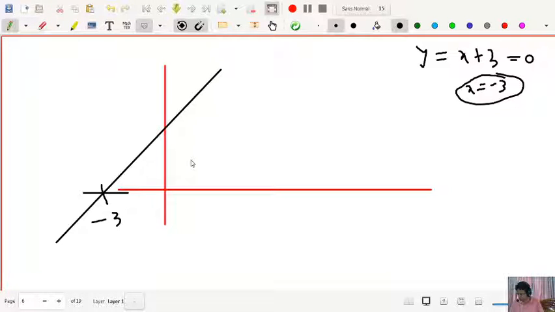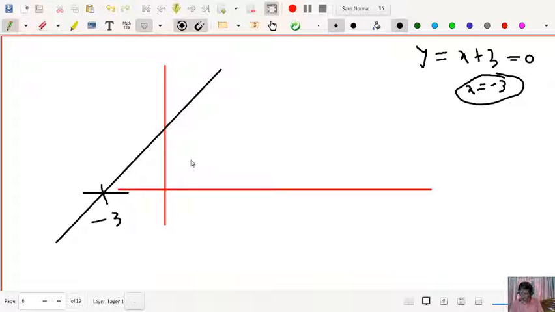So we can see that the line cuts the x-axis at x equal to minus 3, where the value of y equals 0, or we can say x plus 3 equals 0 when the value of x is minus 3.